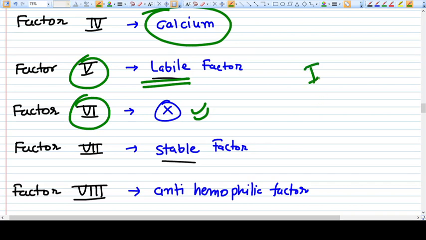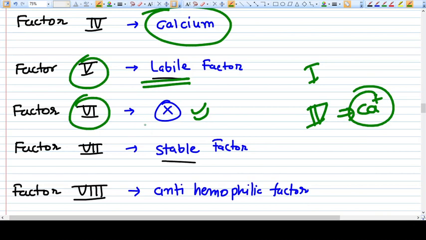But when we went deeper with research, we found that these factors are nothing but molecules. For example, factor 4 is calcium. It's very important for coagulation. That's why factor 6 was considered earlier, but after knowing that factor 6 is a part of some other factor, it is not considered today.